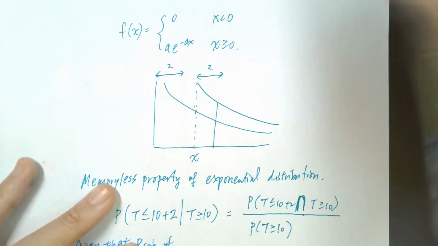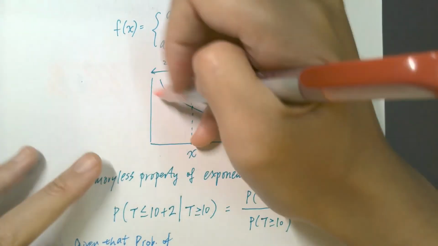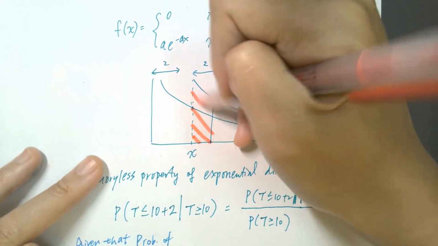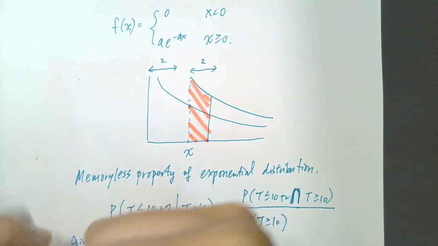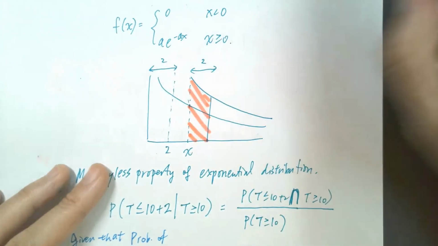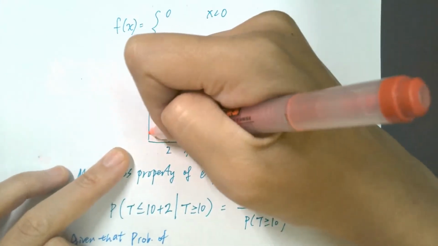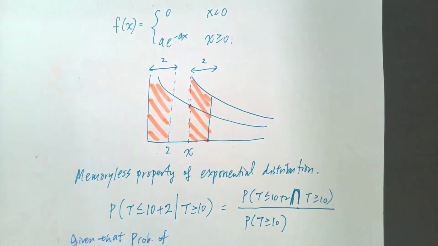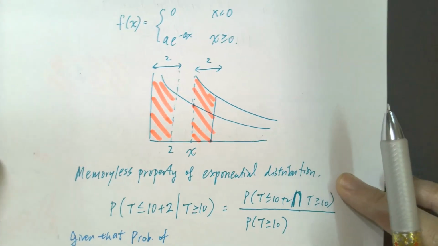So by our memoryless property, this area is exactly the same as this area. Okay, it looks like this. And in fact, we can do a quick proof of that.